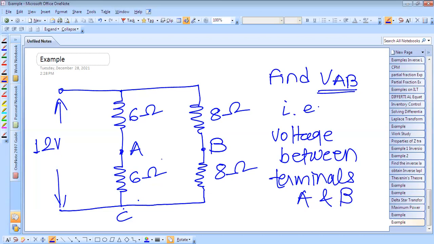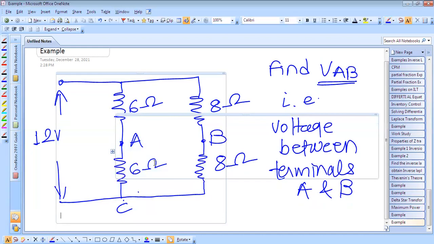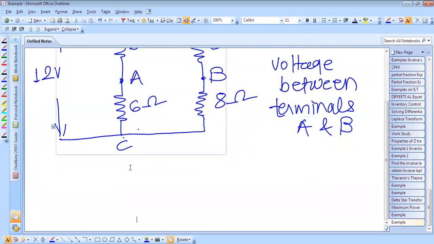Okay, so let us find VAC. It is equal to this voltage we have to find. So we know the total voltage of the circuit. Total voltage of the circuit is 12 volt.